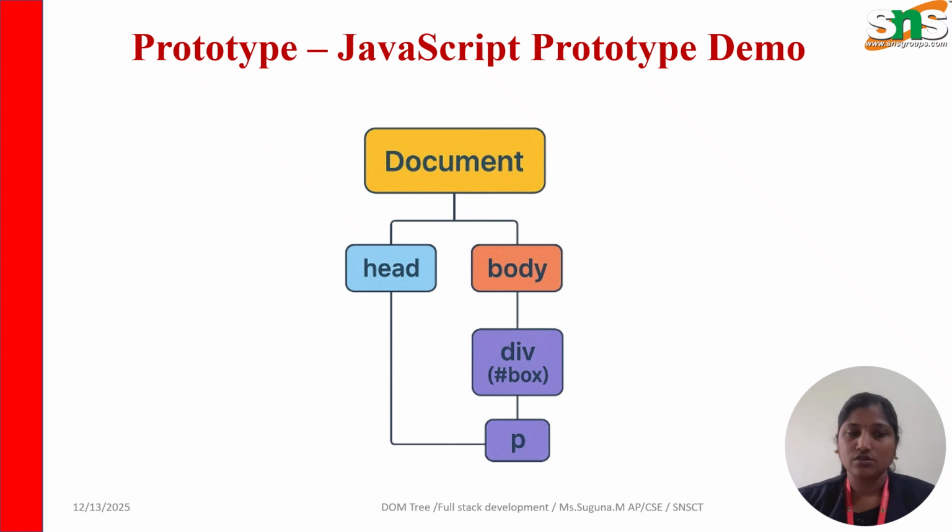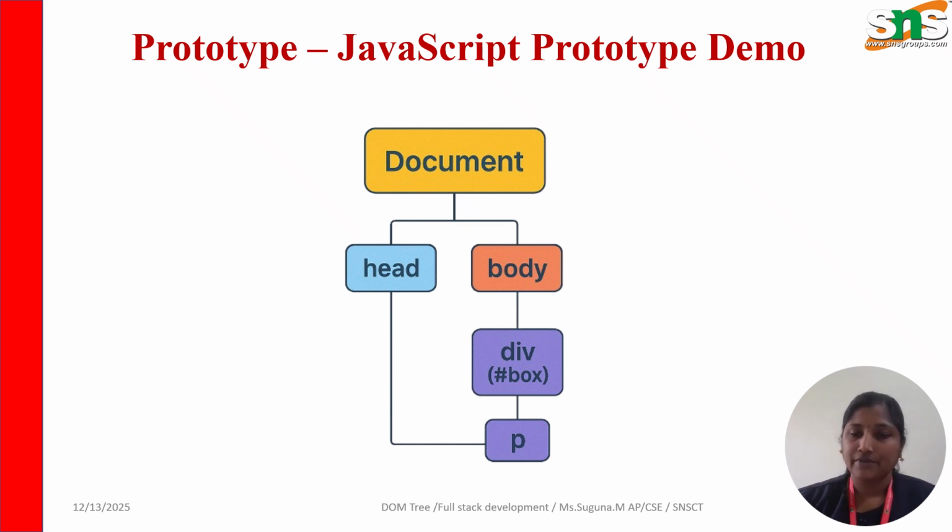By using JavaScript, we can access the elements, change the text, update the styles, and respond to user actions. For example, when a user clicks on the button, it updates the content, and date changes update in the booking information.